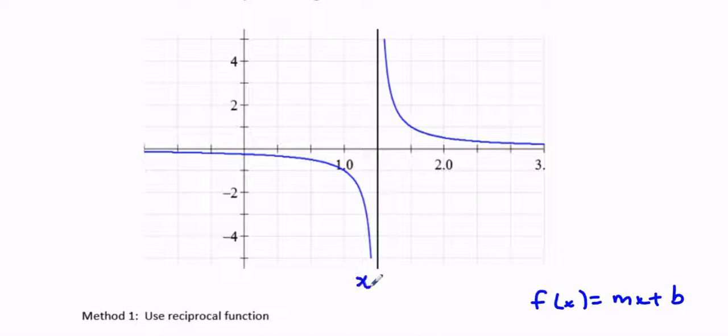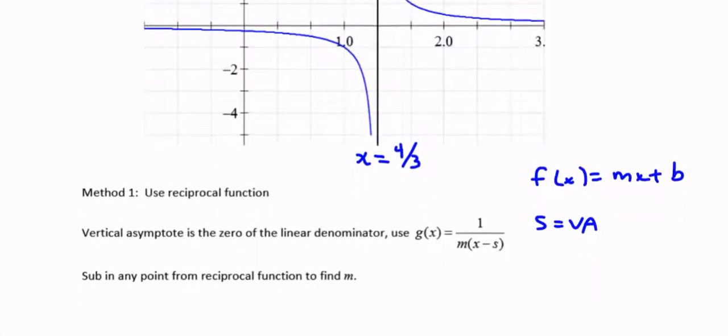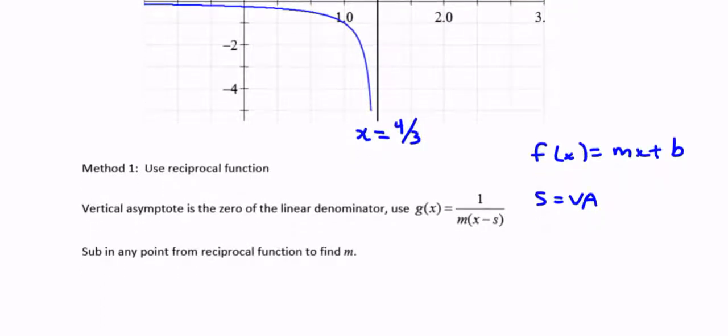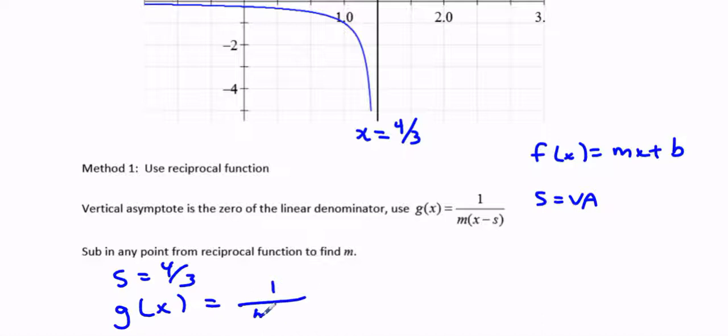So this is x equals 4/3, better known as 1 and 1/3. All right, so we're going to start by subbing that value in for s. So s equals 4/3. So g of x is equal to 1 over m times x minus 4/3.